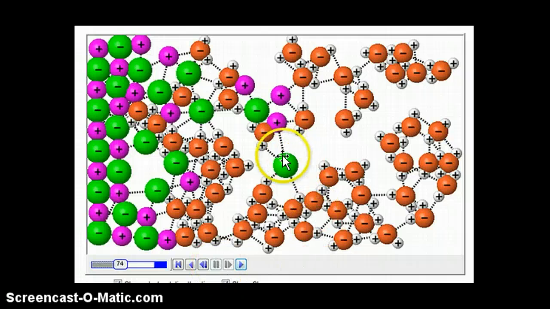So we can see the chloride here is a negatively charged ion, and it's electrostatically attracted by the partial positive charges on the water molecules, whereas sodium ions are attracted to the negative charge on oxygen atoms from the water molecules. This is called an ion-dipole interaction, whereas these dashed lines generally are showing hydrogen bonding interactions.